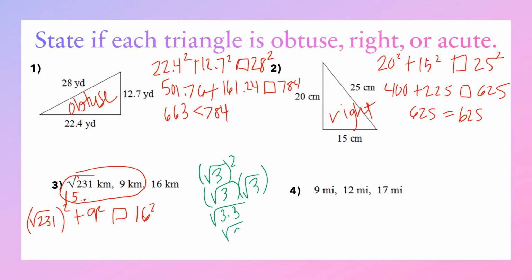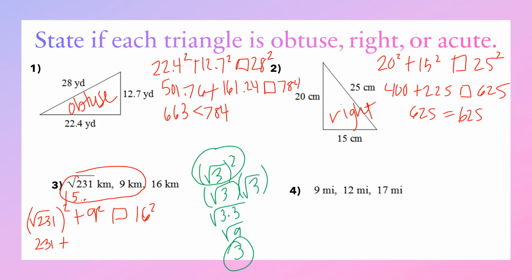This 3 times 3 is 9, and the square root of 9 is 3. So look at the first thing that we do versus the answer. The answer is just whatever number is underneath that radical. So for number 3, if we have the square root of 231 squared, we would just get 231 as our answer there.